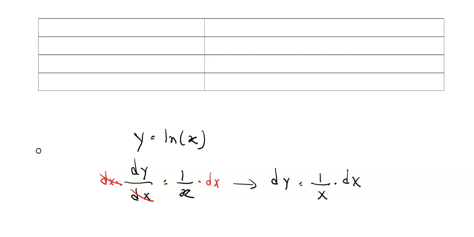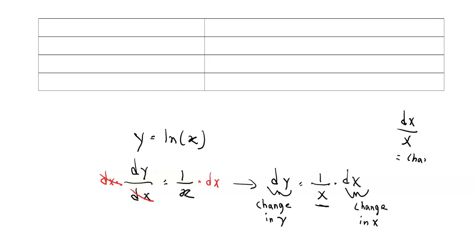Now, this is something interesting here. This value dy is telling us the change in y. On the other hand, dx is the change in x, but it is divided by an x. So if you remember from before, dx over x, which is change in x over x, looks like a percentage formula.